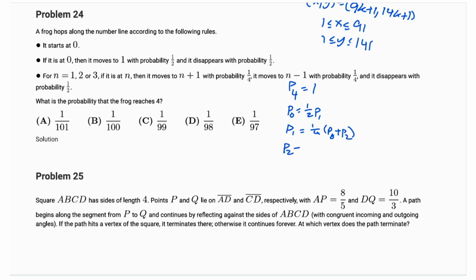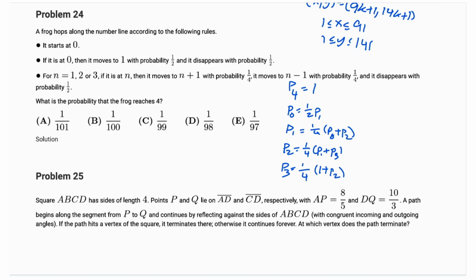P2 would be 1/4 P1 plus 1/4 P3, and P3 would be 1/4 P4 plus 1/4 P2, which is also equal to 1/4 plus 1/4 P2 because we have that P4 is equal to 1.